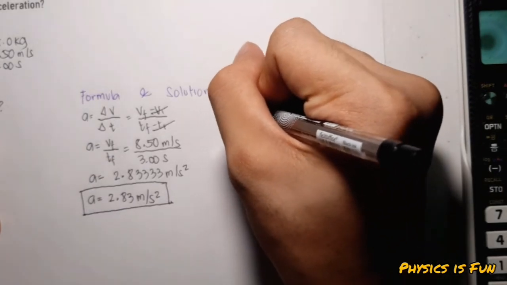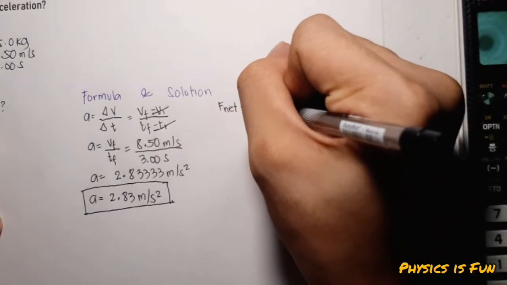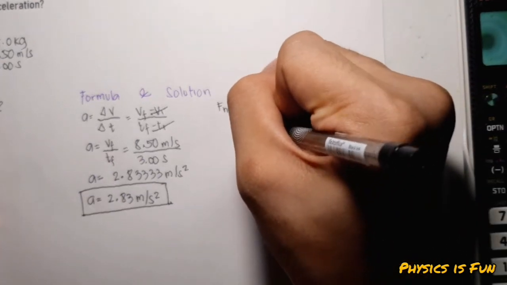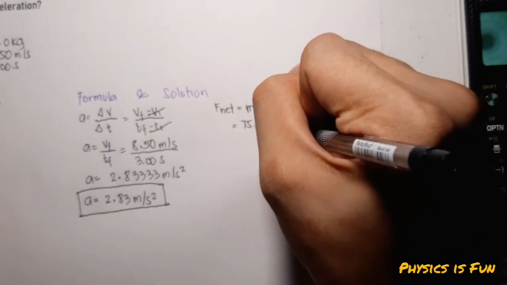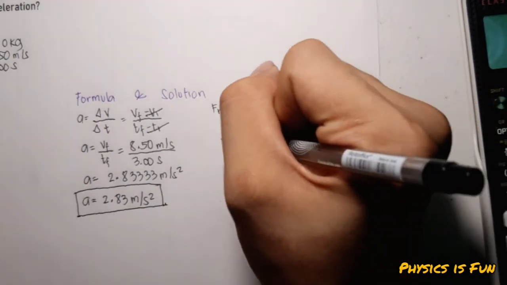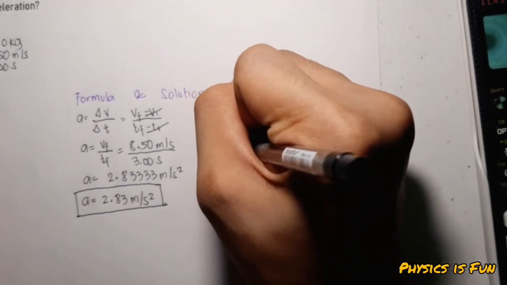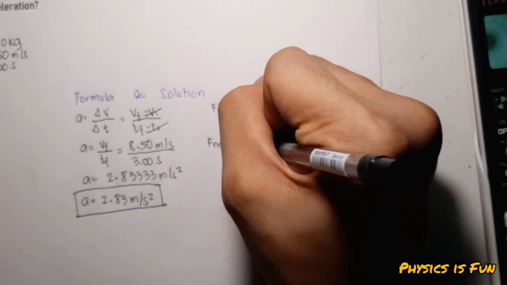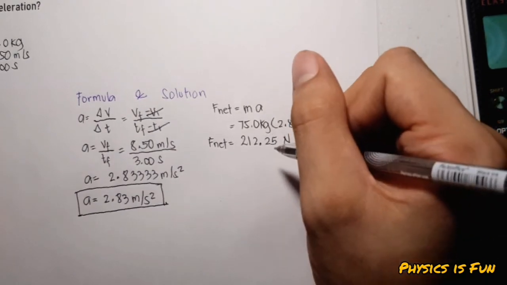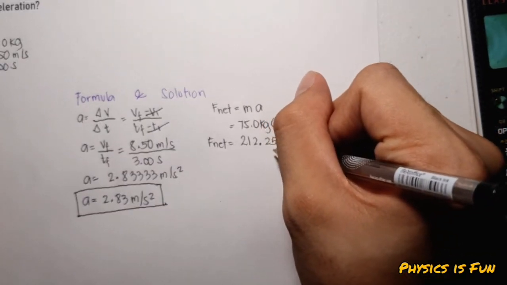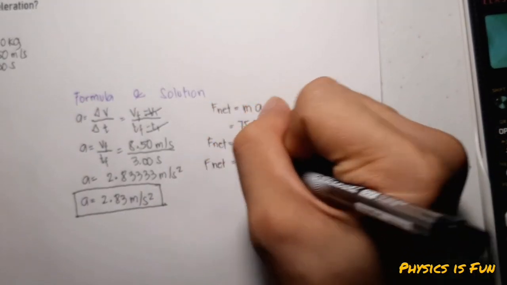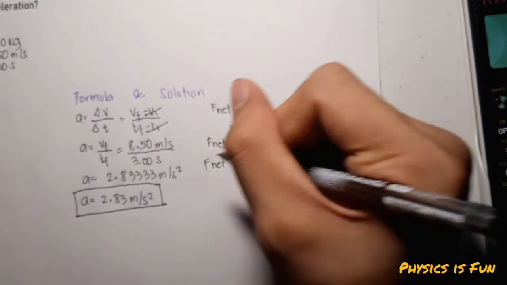In force, our formula will be net force equal to mass times acceleration, wherein mass is 75 kilograms and acceleration is 2.83 meters per second squared. That will give us the answer of 212.25 newtons. Again, we need to finalize this according to significant figures, which will give us net force is equal to 212 newtons.